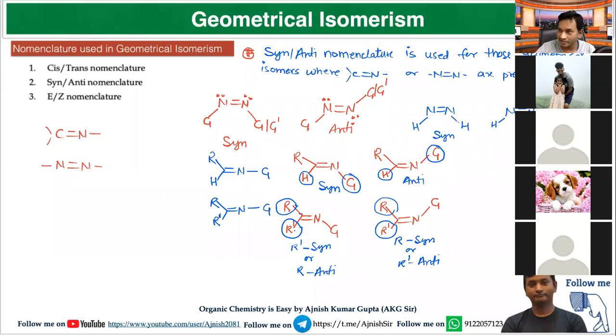Now I'm taking some examples to make your understanding better. Think for this. If I'm taking here Ph, CH3, and OH. In the second case, I'm taking here OH, CH3, and Ph. So along with Ph, when we take this Ph, what will you say?